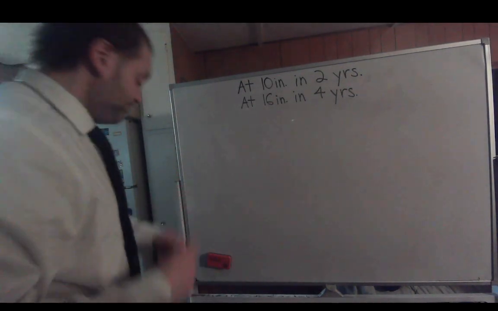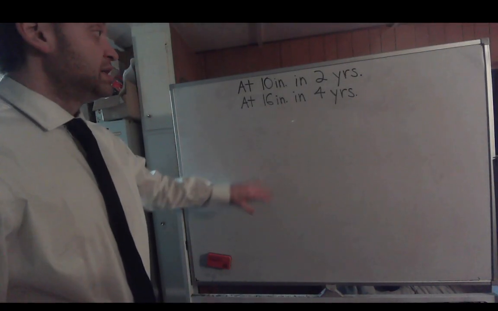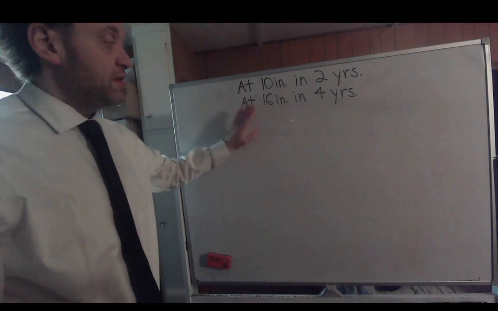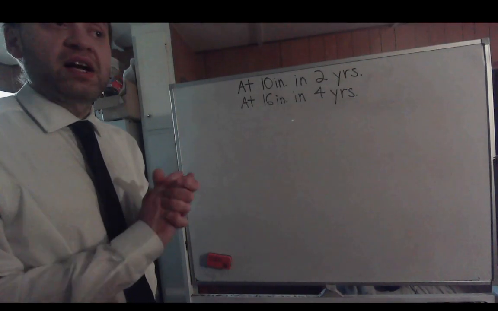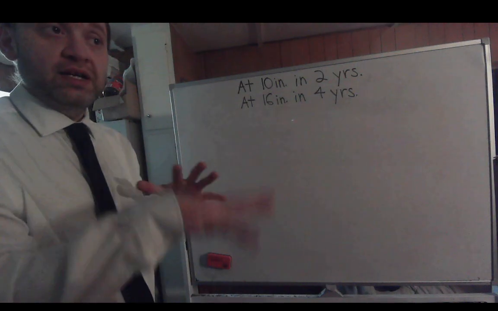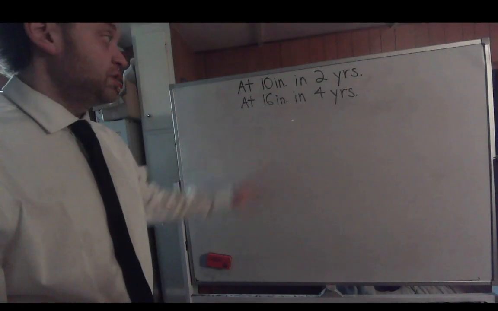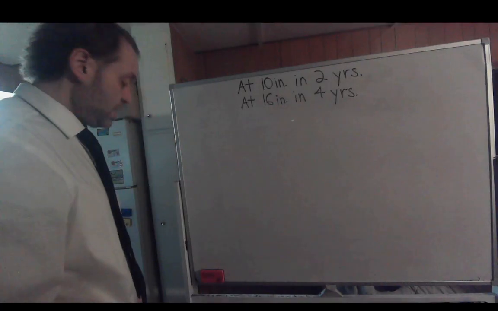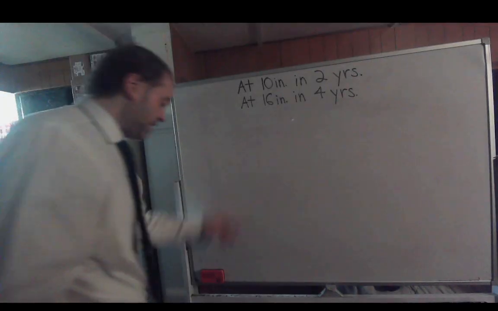Alright, so this is a good type of problem. I start out at 10 inches in 2 years, and then in 4 years I end up at 16 inches. This can be used to indicate stuff like continental drift between continents, or even growth of a child, if a child's growing. So let's find how many inches per year. What is the rate of change?